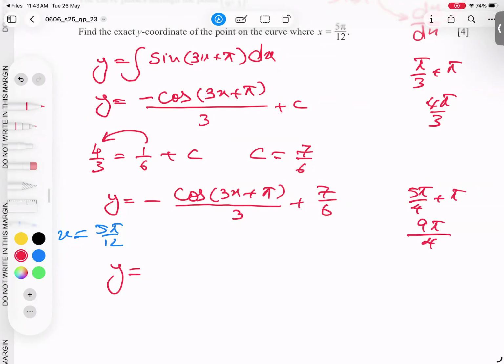So when I replace here 9π/4, I'm getting here 9π/4 divided by 3 plus 7 over 6.